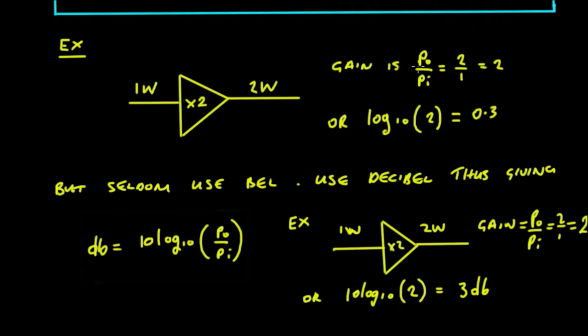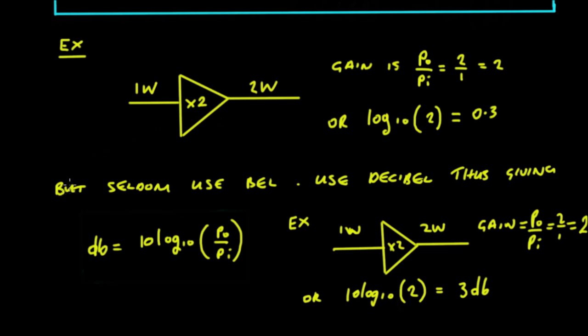So we can say that the gain is equal to power out upon power in, which is 2 upon 1, which is 2. But in a logarithmic scale, we're saying log to the base 10 of 2, which is equal to 0.3. Okay, so I suggest you get your calculator and actually put the numbers in so you know where these values are in your calculator.